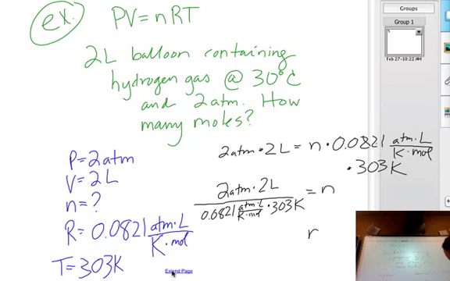So the question is, what is n? 4, or you can do 4 divided by 0.0821 divided by 303. 0.1608.